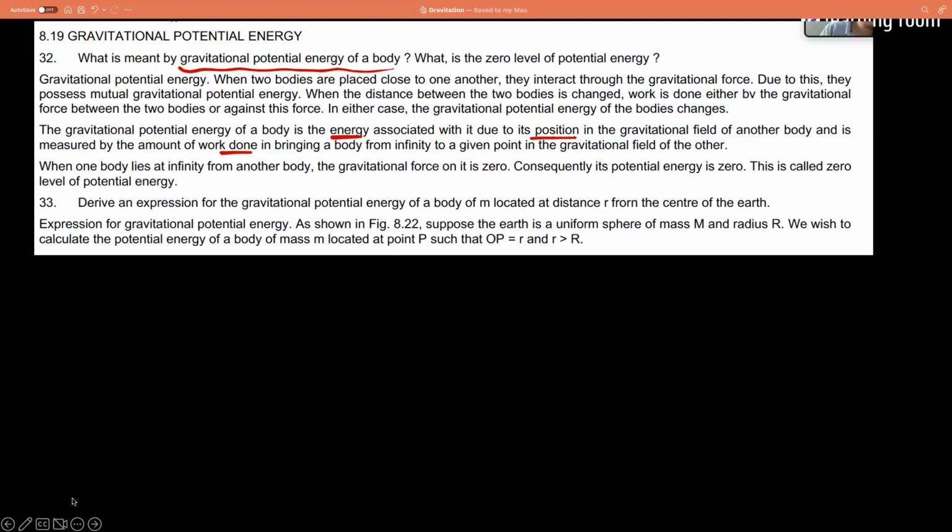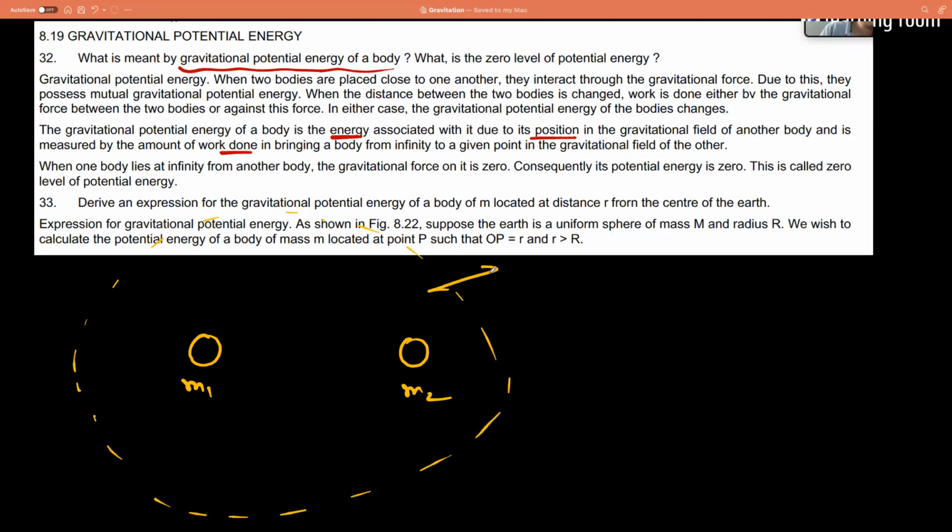Suppose, visualize it. If I have 2 point masses M1 and M2, which are separated by a certain distance. So surrounding M1, can I say that there is going to be a region like this? There is going to be a region where, if you place M2, it starts experiencing force.